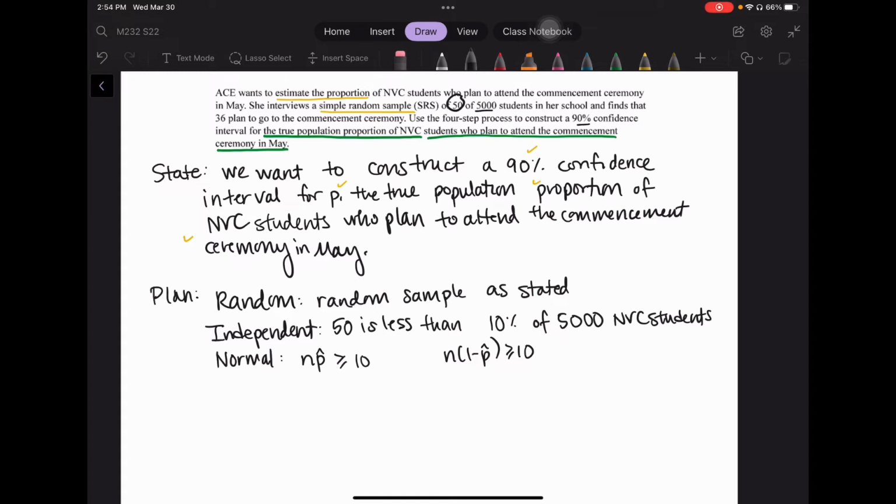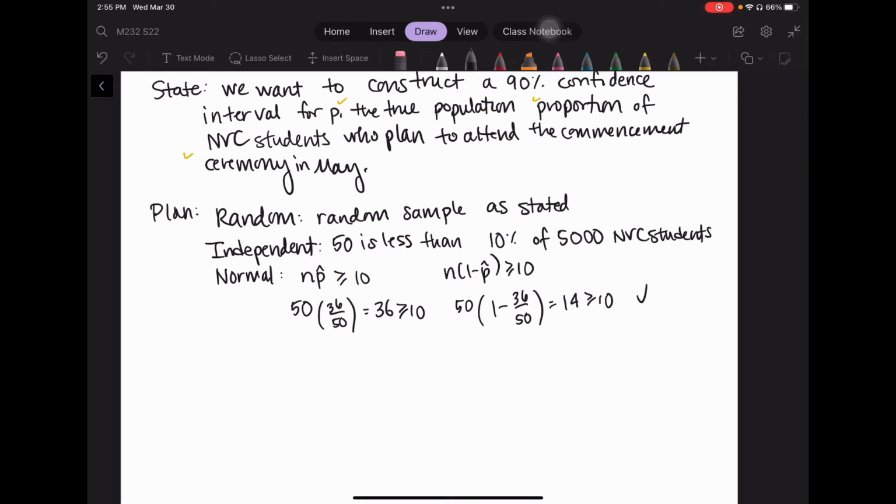So our sample size was 50, and then our proportion was 36 out of those 50, which means that our number of successes is 36, which is definitely greater than 10. And then our failures is going to be 50 minus 36, which is 14, which is greater than or equal to 10. So because our conditions are met, we can move forward with normal calculations.